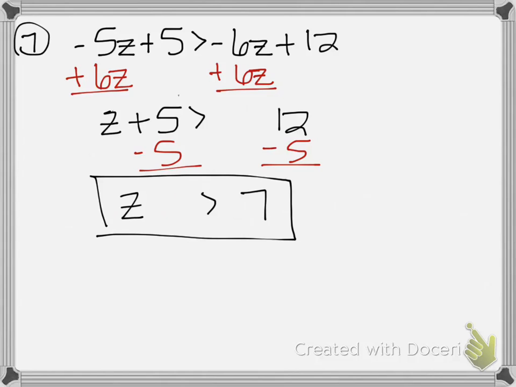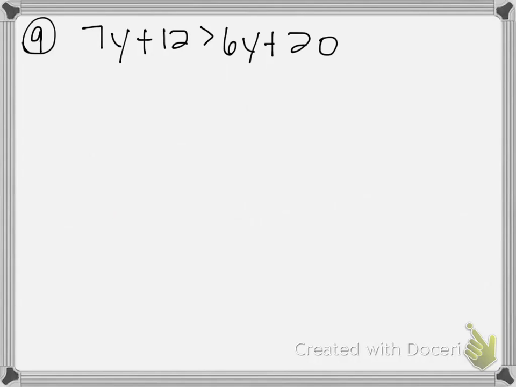So let's look at number 9. We have 7y plus 12 greater than 6y plus 20. So this ends up being almost identical to the last problem that we worked. Again, we've got to get all of our variable terms on the left.